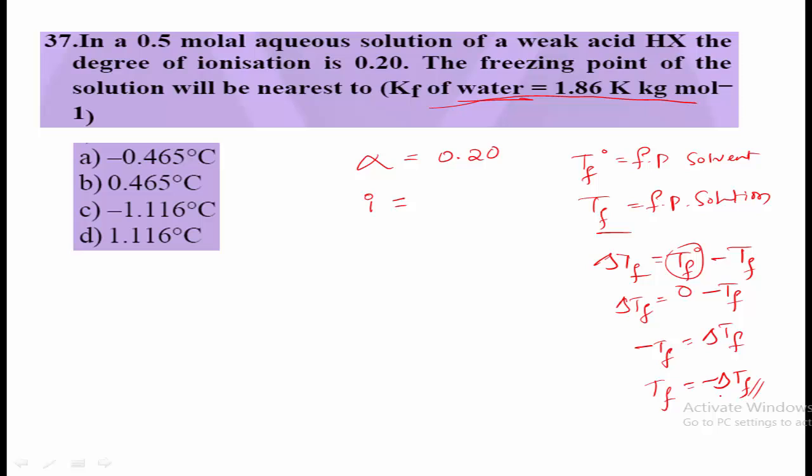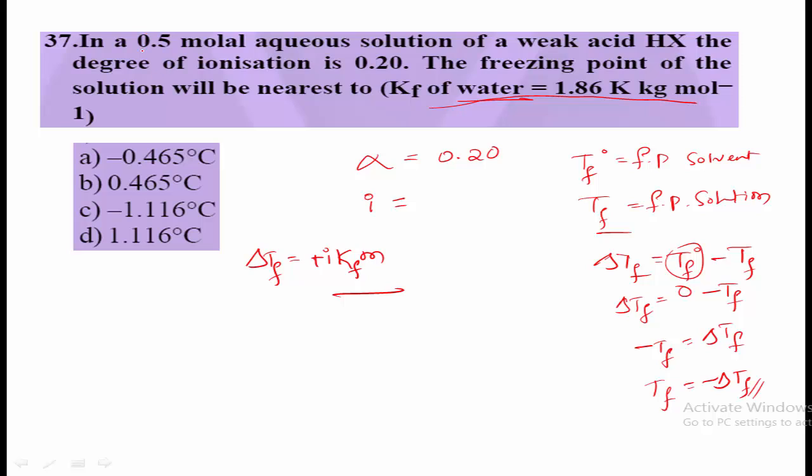Therefore you should calculate delta Tf. And how do you calculate delta Tf? Delta Tf is equal to i into Kf into m. Because in order to calculate Tf, you should know delta Tf, and that can be calculated by this formula.